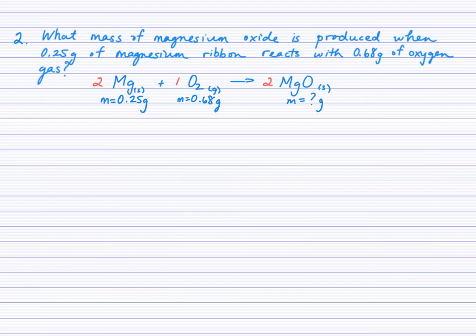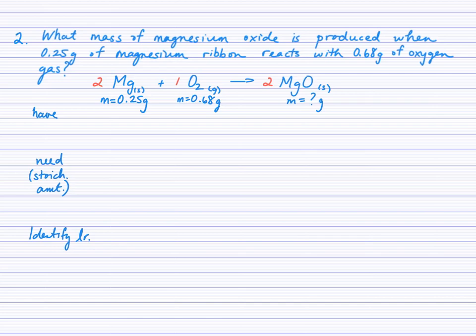We don't know which one runs out first. So we'll need to first convert to moles so that we can write what we have in terms of moles. And then we'll go to what we need by working out the stoichiometric amounts. And we'll be able to decide or identify the limiting reagent.